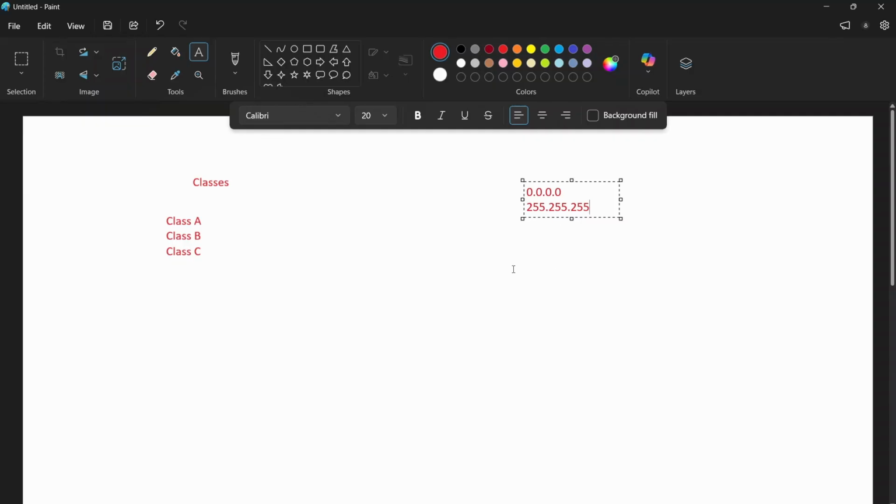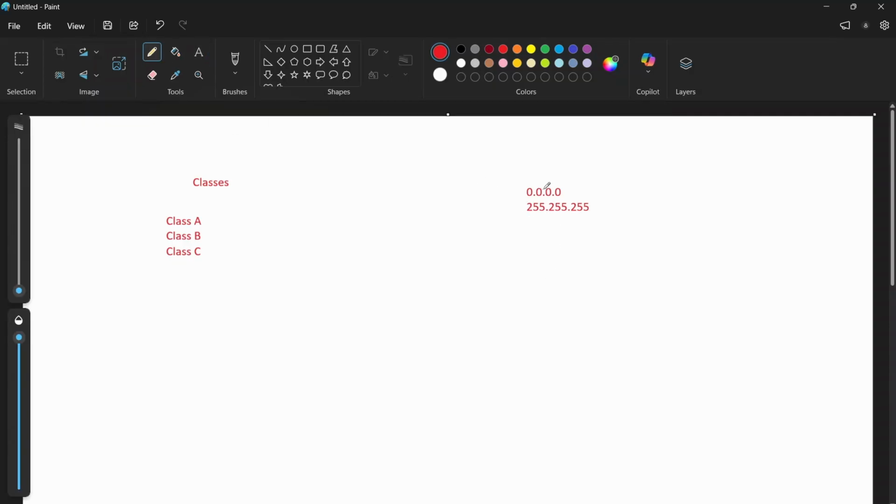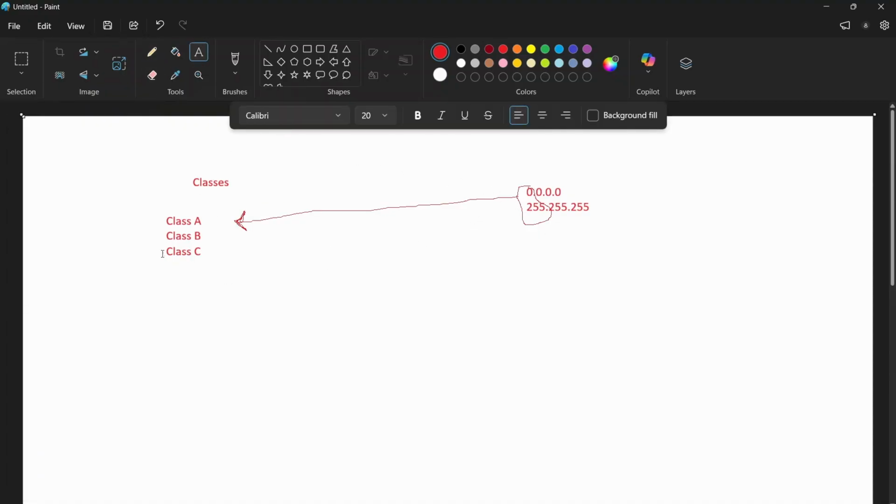Here you take 0 to 255, and from here we divide it into 5 classes: class A, class B, class C, class D, and class E.